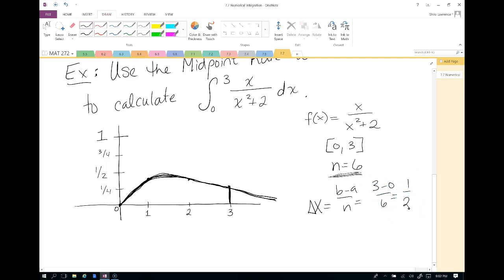That means we're going to cut it at every half of a unit. So we're going to cut it at a half, and then at 1, and then at 3 halves, and at 2, and at 5 halves, and at 3. And if you count, we'll have 6 sections in there.